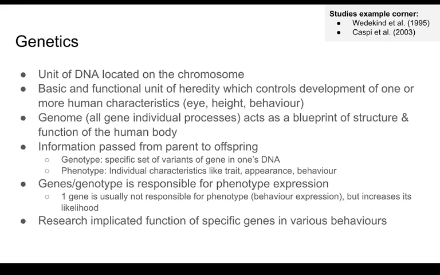Genotype is a specific set of gene variants in a person's DNA, while phenotype is the individual characteristics like trait, appearance, and behavior. Genotype is the gene name, and phenotype is the thing that you can physically or behaviorally observe.